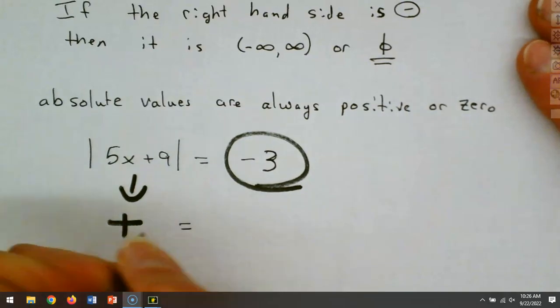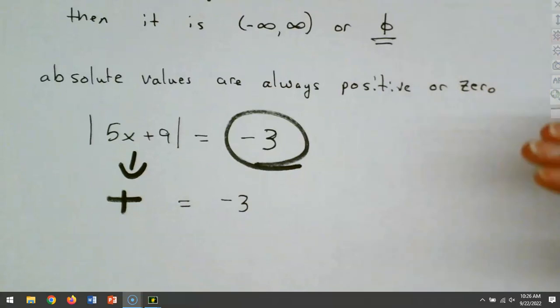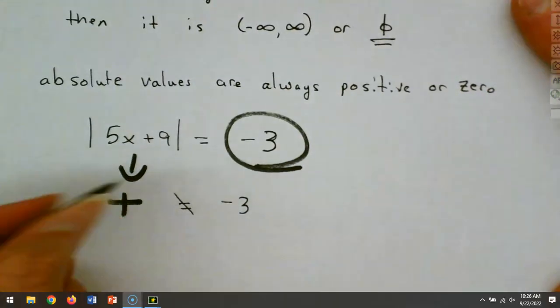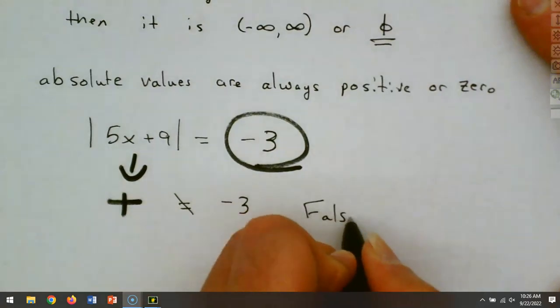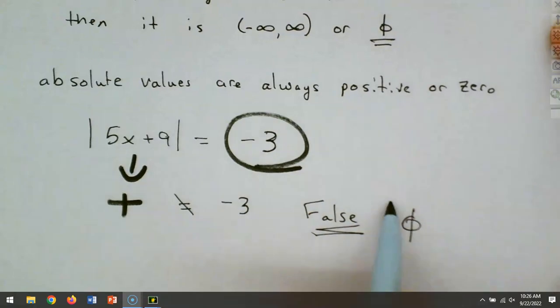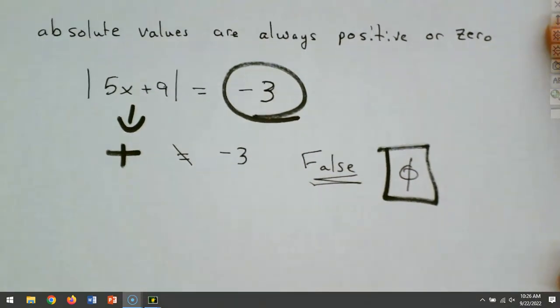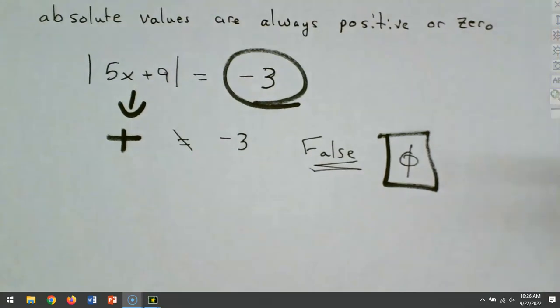If absolute values are positive, can positive numbers ever equal a negative 3? Can that ever happen? No. So this is false. So it has no solution. Because absolute values are positive, and positive numbers can never be equal to a negative 3. It cannot happen.